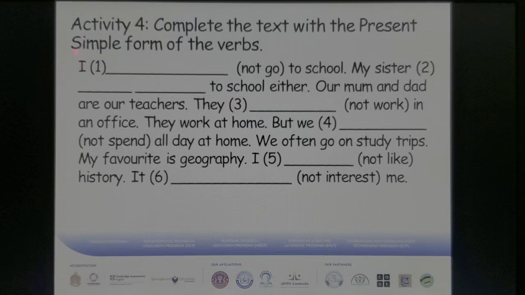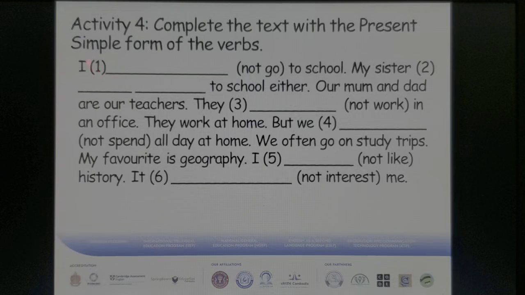So look at the verb here, the subject is I, right? So I plus do or does? Do or does? So the subjects I, you, we, they, those four subjects go with do not, right? Plus the verb in infinitive.